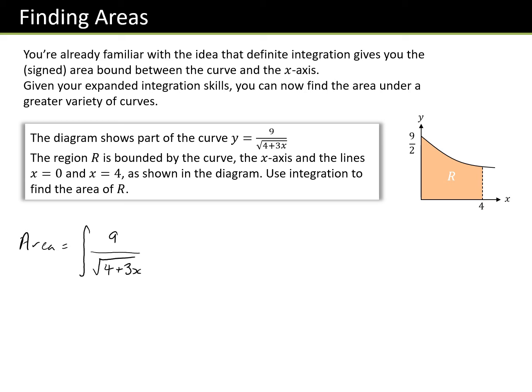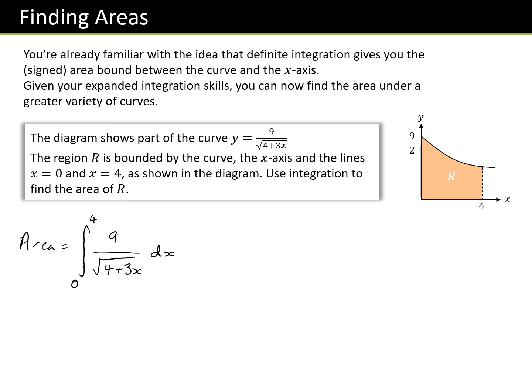Because we're trying to find the area between the curve and the x-axis, we integrate with respect to x. By doing the integration, we need to now put the limits in of 4 and 0.